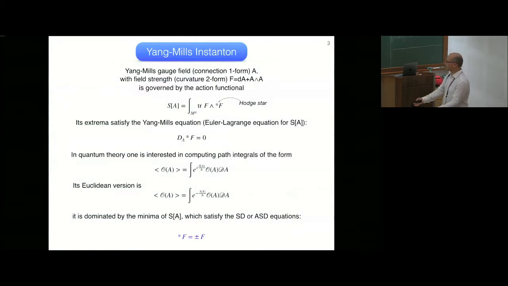Now, in the Euclidean version, this integral is dominated clearly by minima of this exponential factor of the action. In fact, for supersymmetric theories, very often the whole integral can be localized in terms of these minima. So that's one of the reasons why these minima are important, and they're called instantons.